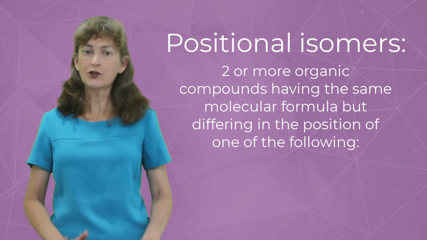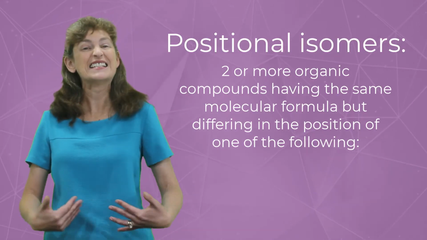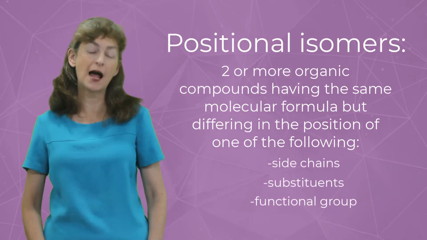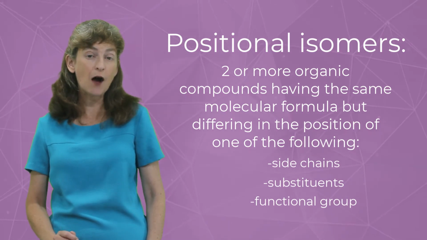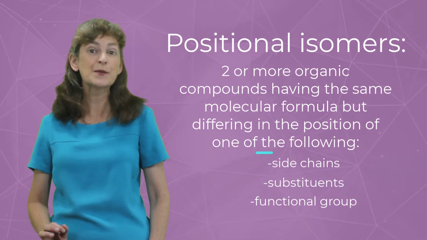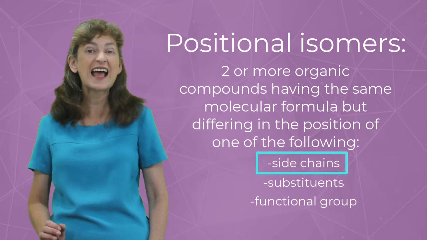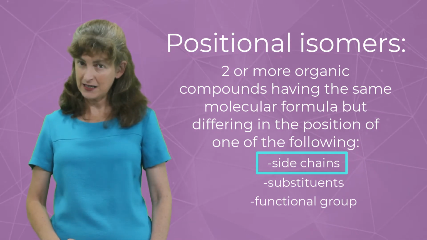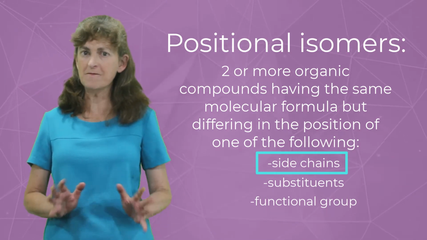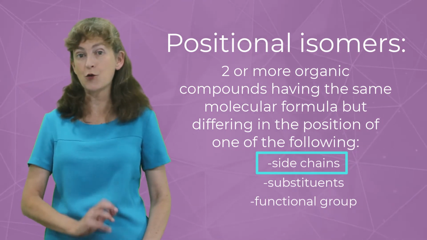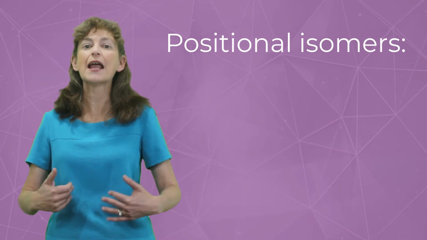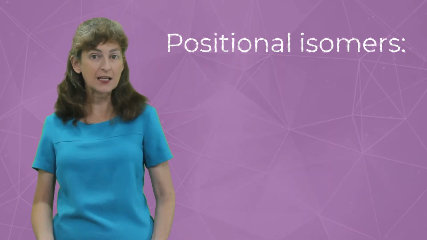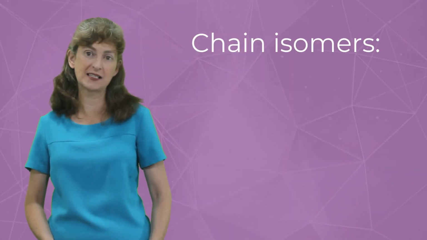Now, you should notice that the definition of positional isomers does also allow for the isomer to differ in the position of the branches attached to the parent chain. Funny enough, though, there's a bit of vagueness here in IUPAC naming, in that there's an overlap between positional and chain isomers here.